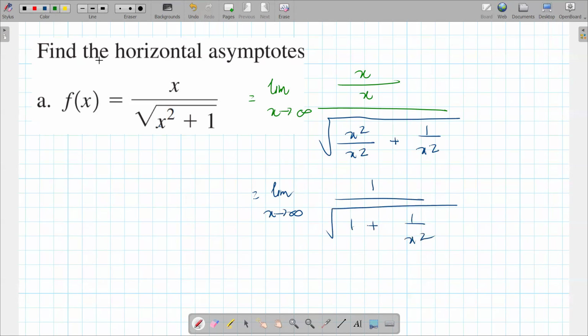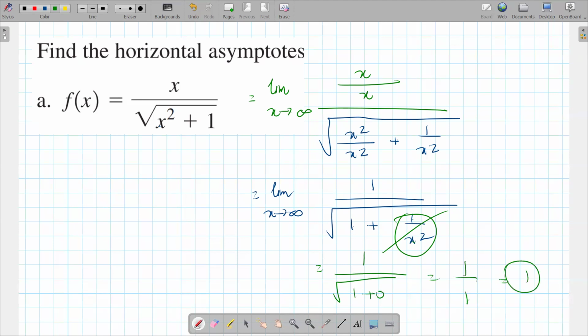Now think about it. You're plugging a very large number in here as x. What's 1 over x squared? What does it approach? 0. So effectively you have 1 over square root of 1 plus 0. 1 over 1 is 1.